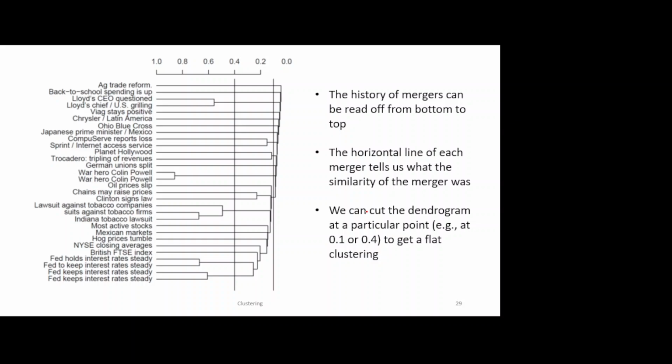So in agglomerative clustering, you don't need to specify the number of clusters. You just merge automatically, so after all it will be merged into only one cluster. But if you want to make a flat cluster, you can set a threshold, suppose 0.4.